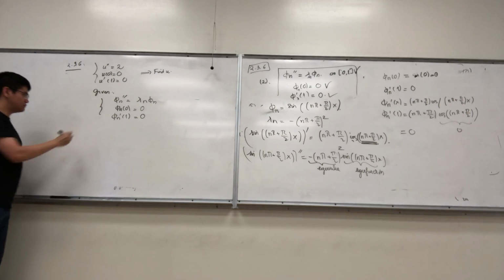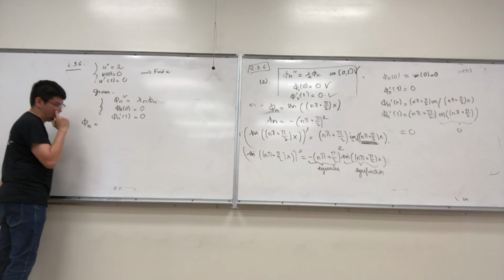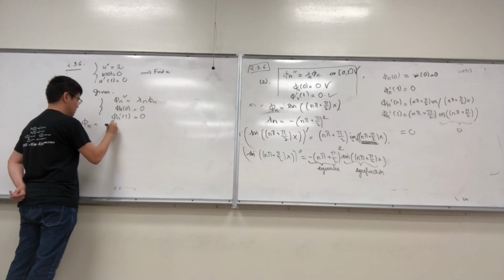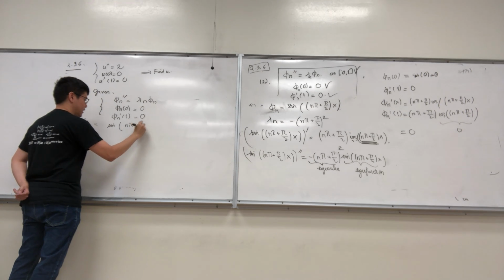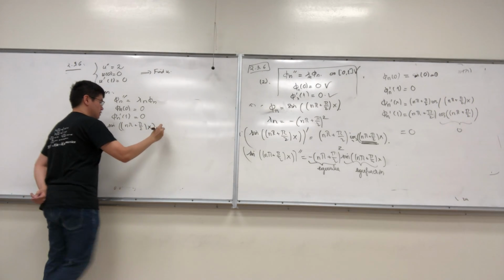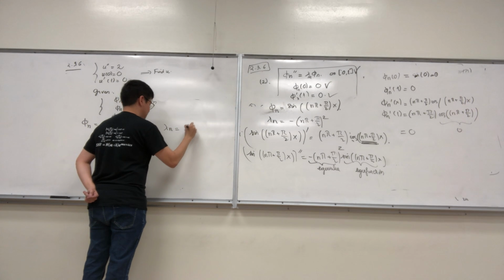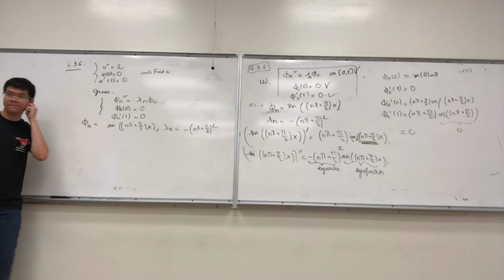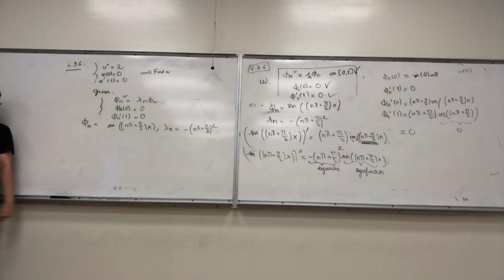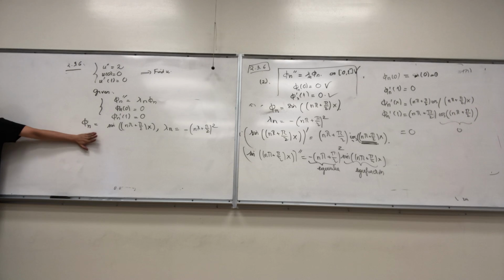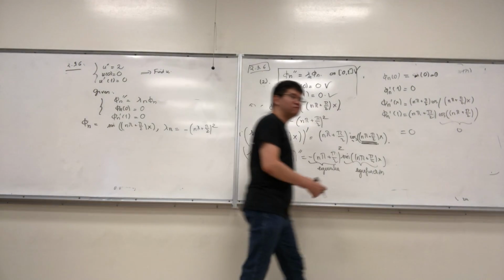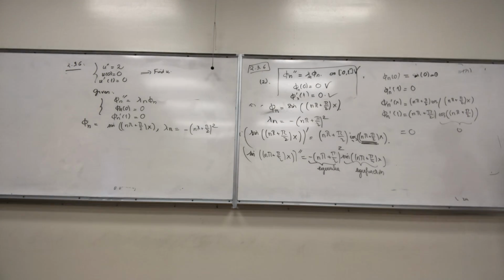In which phi n is sinus of n pi plus pi over 2 x, and lambda n is minus of n pi plus pi over 2 squared. Right? So this is a set of eigenfunctions. And we're going to mimic what we did for the Fourier series. So what should we do in this case?